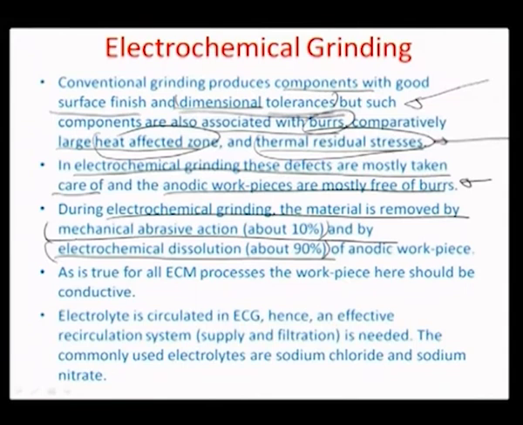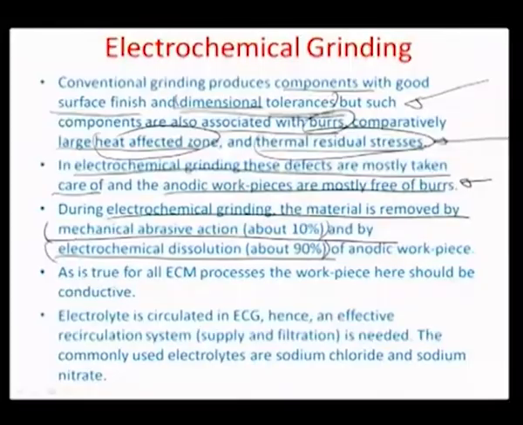So one has to design the tool system in a manner so that the dissolution is at such a rate that it removes 90% of the work material at a very high rate. And by the time some mechanical abrasion action starts taking place, already a lot of material has been dissolved away. So that is how you have to design the electrochemical grinding process.